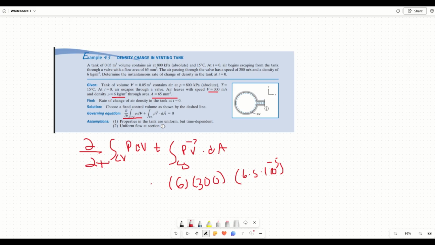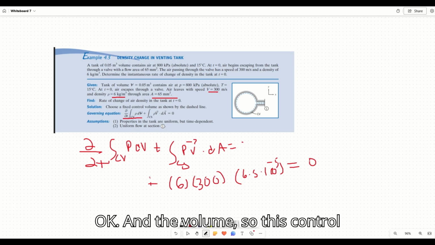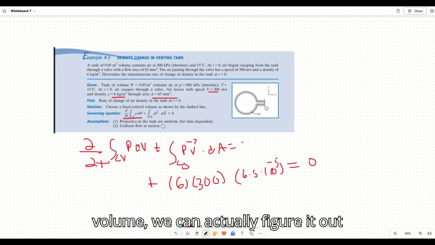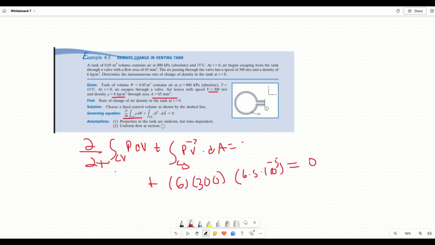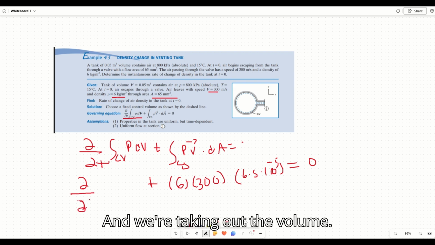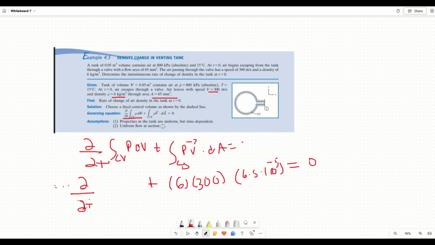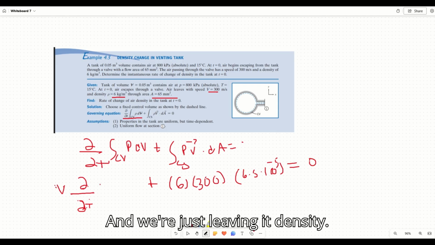Okay, and the volume, so this control volume, we can actually figure it out because they give us the volume here. So it's essentially just d over dt, and we're taking out the volume and we're just leaving in density.